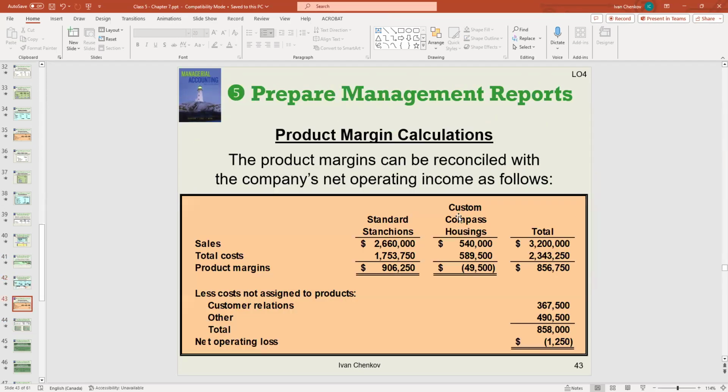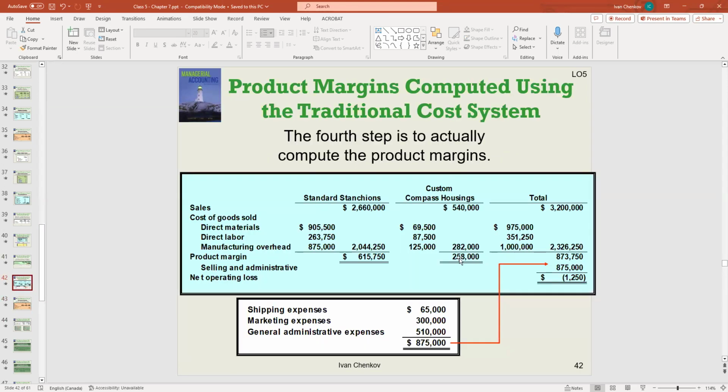The custom was losing almost $50,000. Suddenly, the custom comes up with $300,000 profitable. 50,000 to go to zero, another 250,000 to come to 258. That's a $300,000 swing.